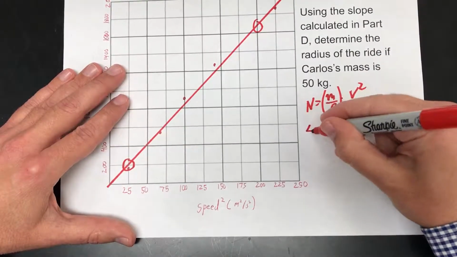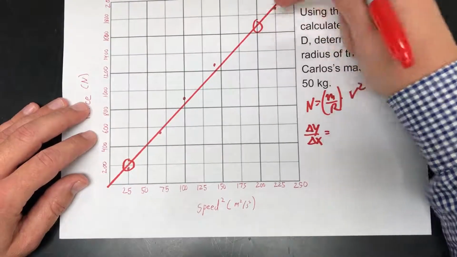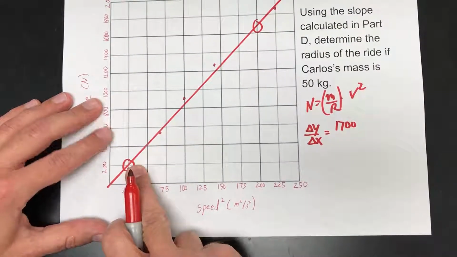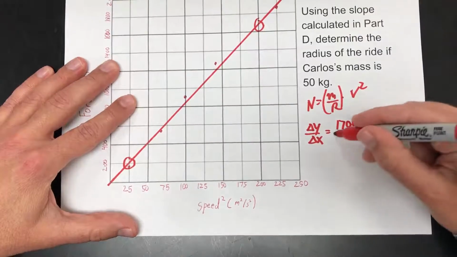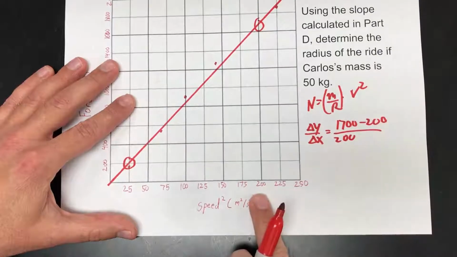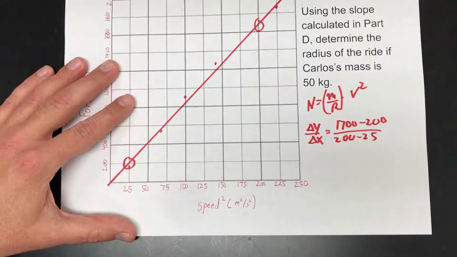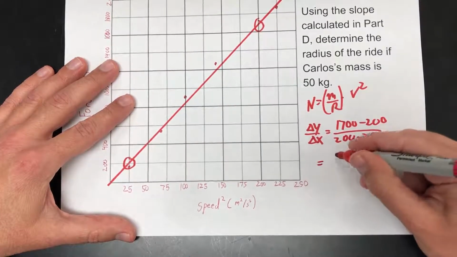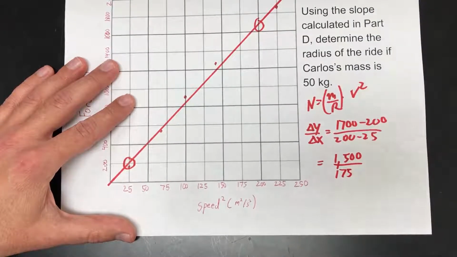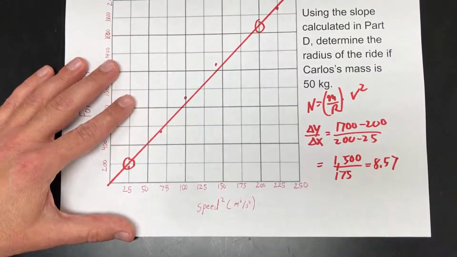So I'm going to do the change in the y over the change in the x. Our change in our y, we've got about, in this case, halfway up, so about 1,700. And down here, my y was 200. And then I'll do my change in my x over here. Here I have 200 for my speed squared, and I have 25 there. So when I subtract those out, I get a value of 1,500 in my numerator and 175 in my denominator, and that gives me a slope of 8.57.